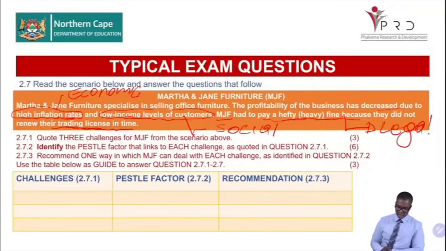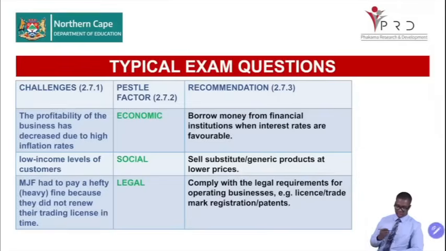That is a legal factor over there. Then recommend one way in which Martha and Jane Furniture would deal with each of these challenges identified. Let's check now. Yes, the profitability of the business has decreased due to what? High inflation rate, that's correct. And then low income levels of customers, that's another challenge. And then paying heavy fines because they did not renew their trading license, that's another challenge.